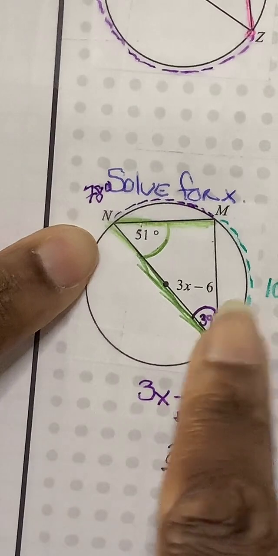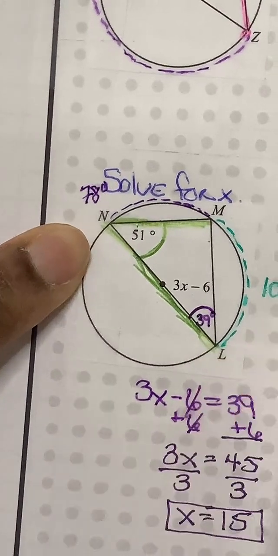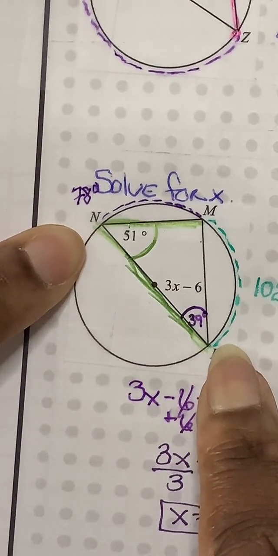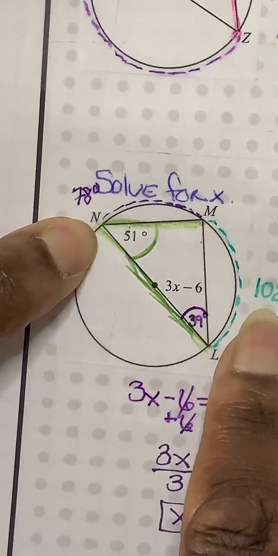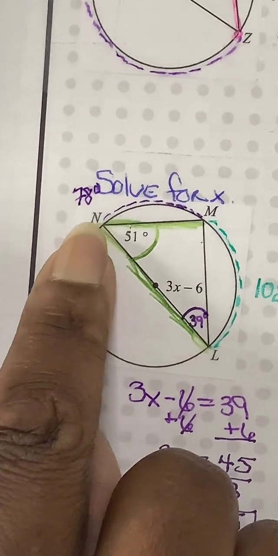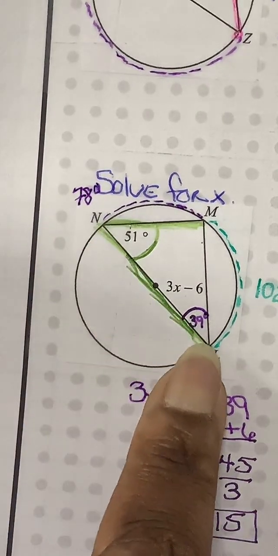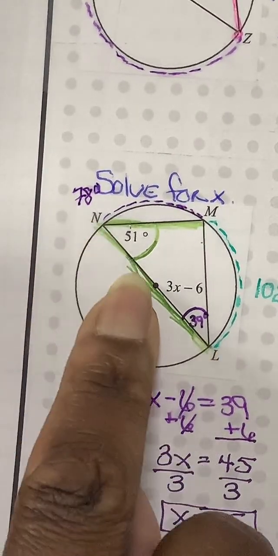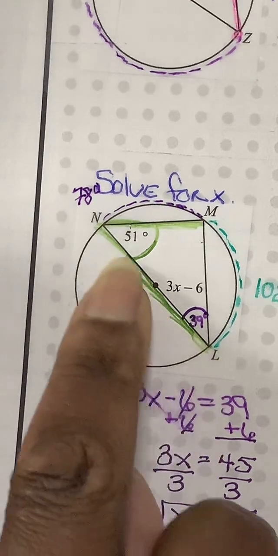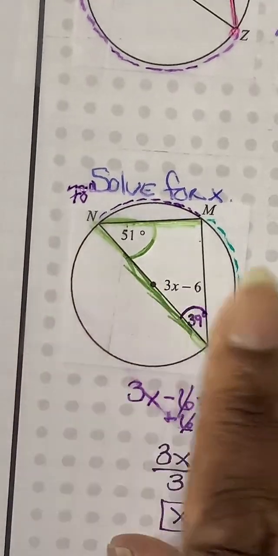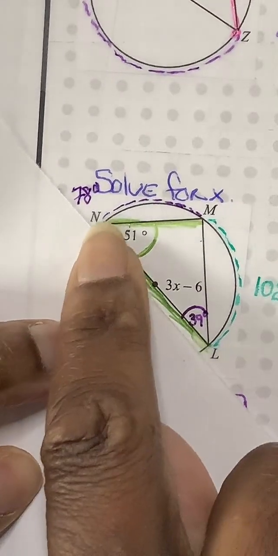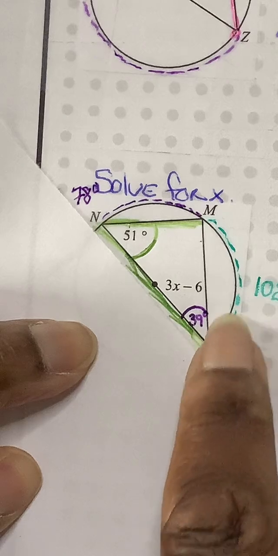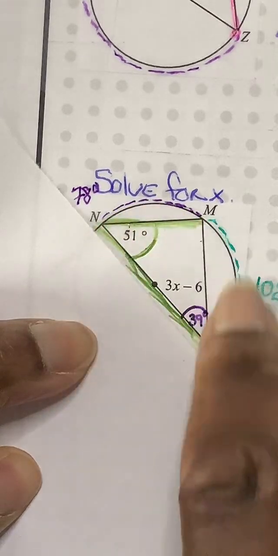All right. So if we look, we got the 102 from our angle 51. Okay, I think you got that part right. But right here, that's our diameter because it's a segment that's going through the center of the circle. So this is half of the circle. So that means this arc here has to be 180 degrees because it's half the circle.